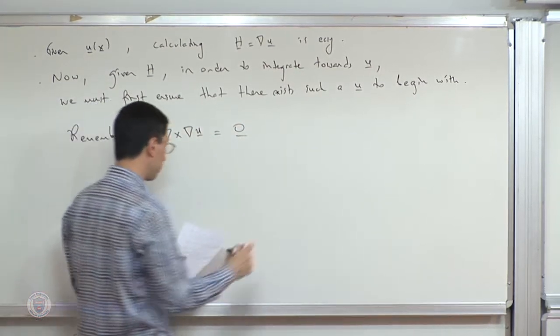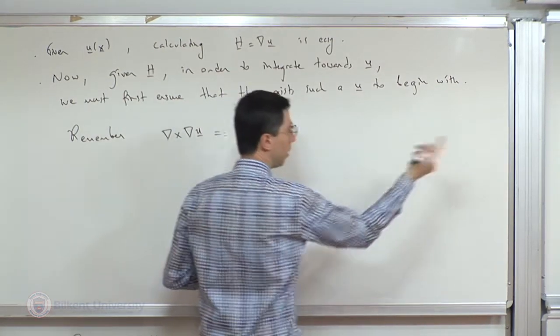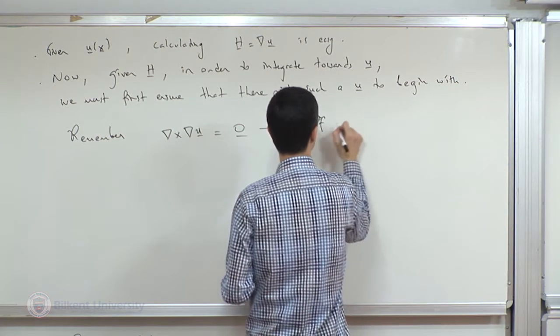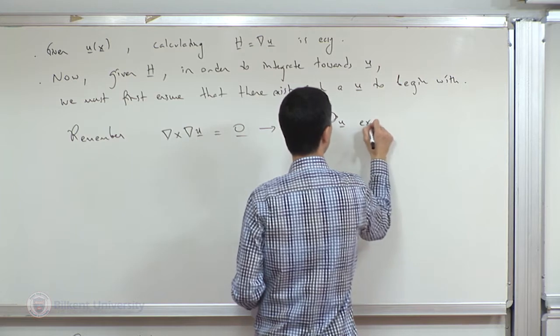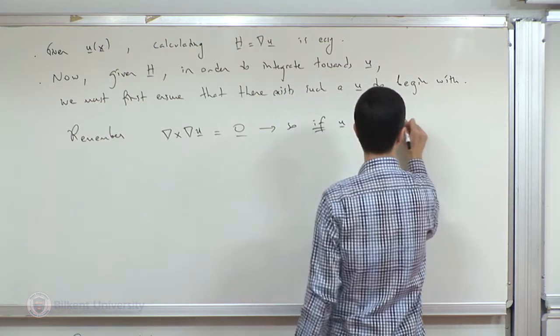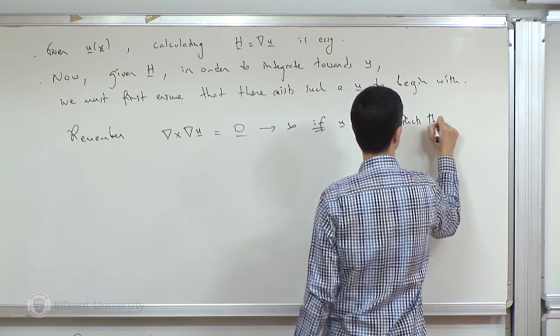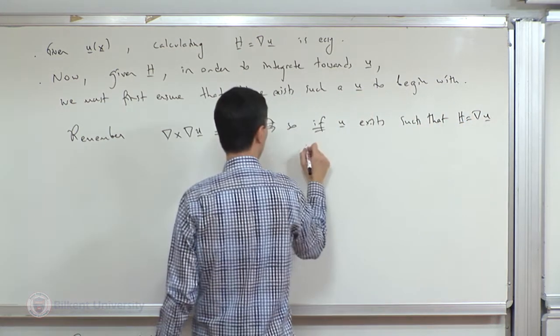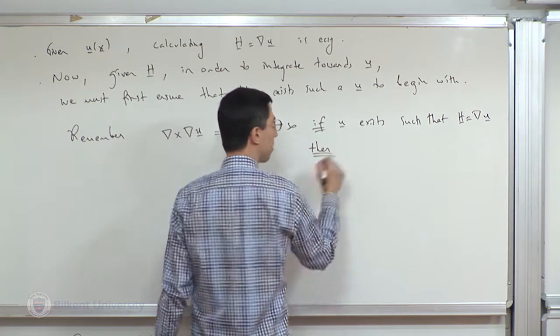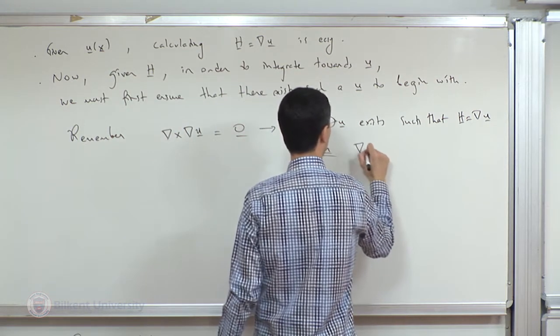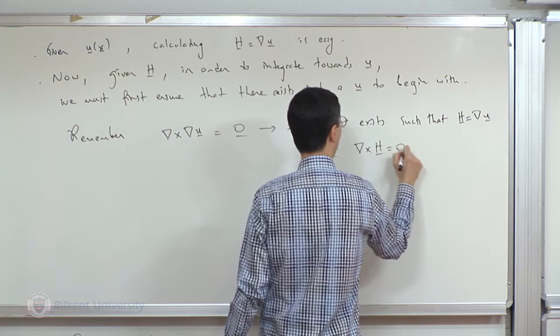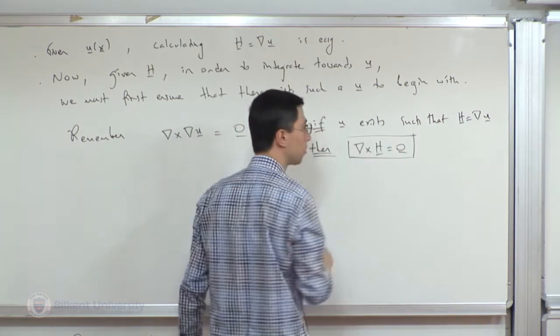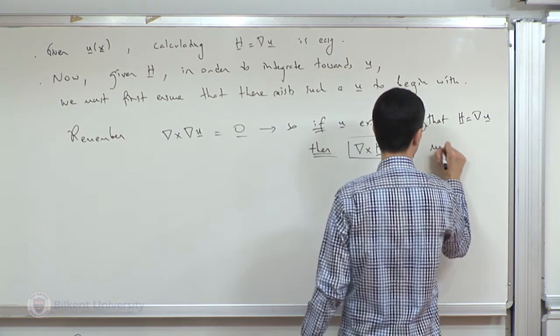So, again, if u exists such that h is equal to gradient of u, then curl of h equals 0 must hold.